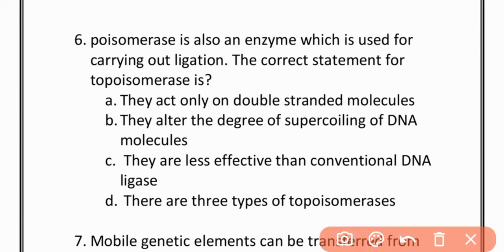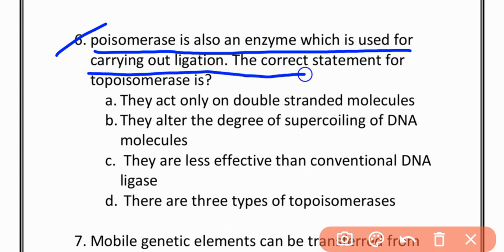6. Topoisomerase is also an enzyme which is used for carrying out ligation. The correct statement for topoisomerase is: they act only on double-stranded molecules; they alter the degree of supercoiling of DNA molecules; they are less effective than conventional DNA ligase; there are three types of topoisomerase.